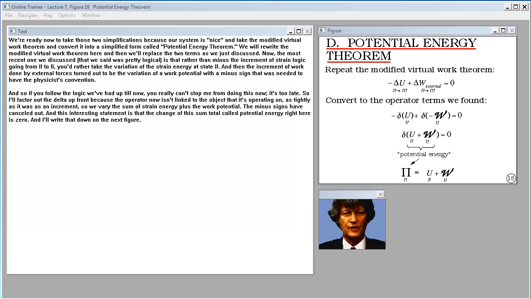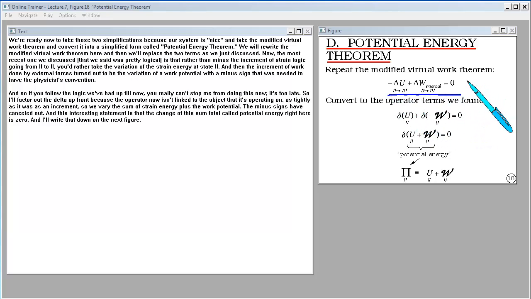We're ready now to take those 2 simplifications because our system is nice and take the modified virtual work theorem and convert it into a simplified form called potential energy theorem. We will rewrite the modified virtual work theorem here, and then we'll replace the 2 terms as we just discussed.